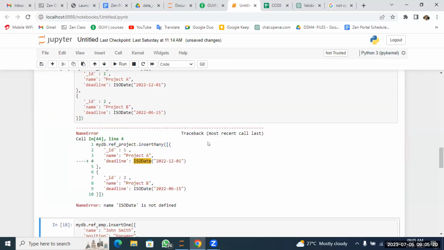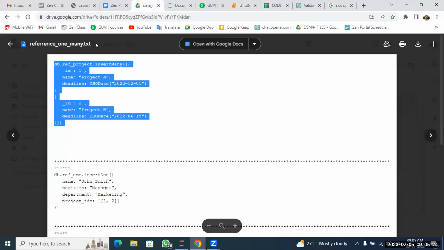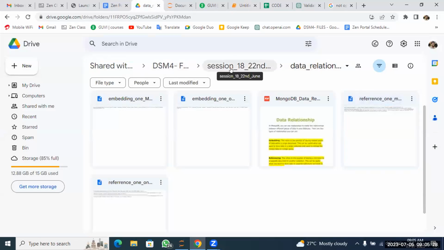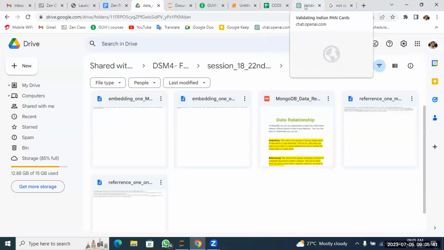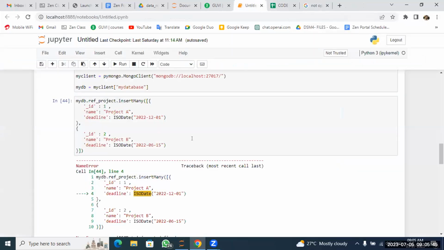Let me quickly verify. What is the session number? Can you help me out? Session 18, 22nd June. Data relationship. Reference one to many.